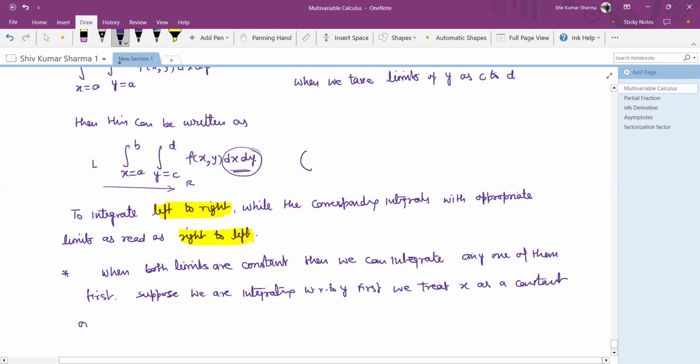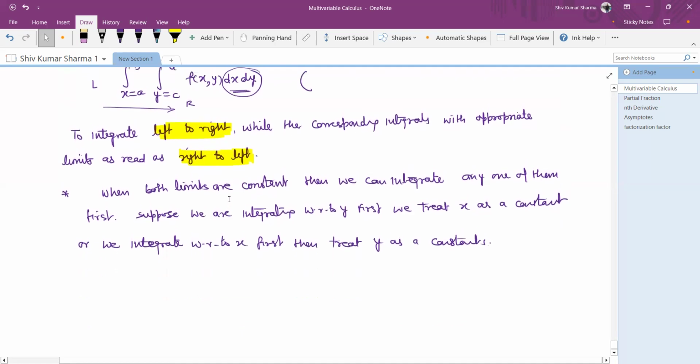Or we integrate with respect to x first, then treat y as a constant. These are the basic rules you have to remember.